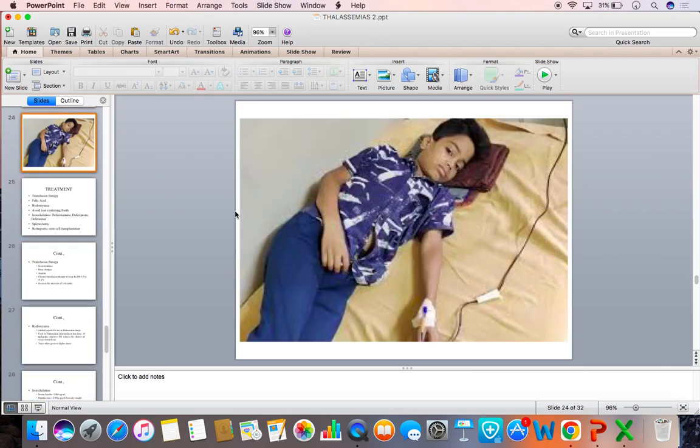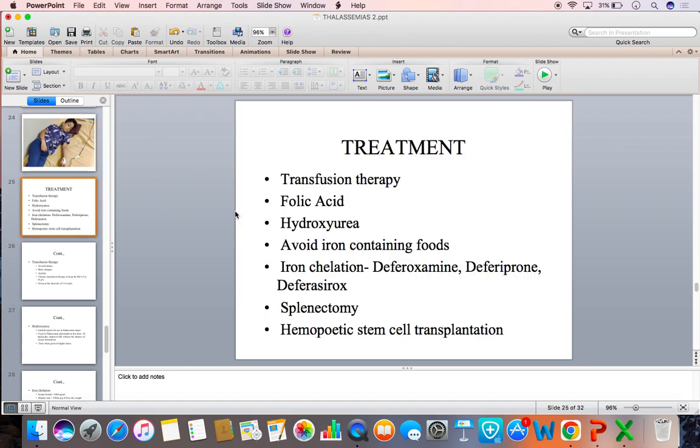Well, this child had been on chronic transfusion therapy, regular transfusion. Coming to treatment, transfusion therapy.